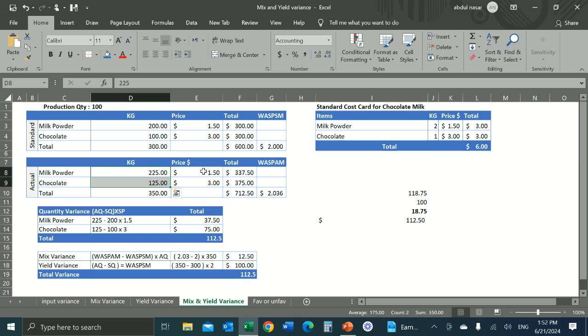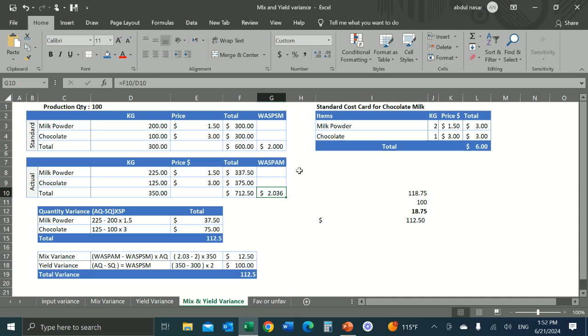Again, the price we are considering is only standard, so you will get a total cost of 712.5 here. 225 multiplied by 1.5 plus 125 multiplied by 3 gives 712.5. This is for a total of 350 kgs. So now the weighted average standard price of the actual mix is 2.036.